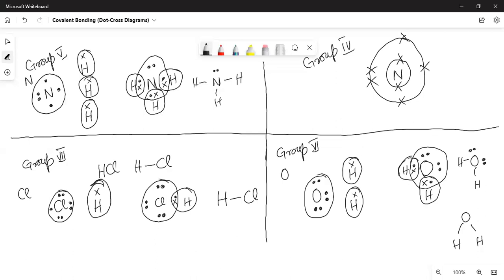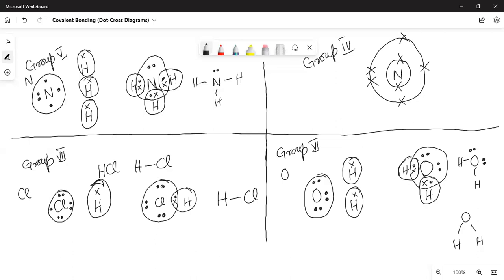Octet means 8 electrons, so that's pretty easy. It does not matter how many total shells chlorine has, because the inner shells are not going to participate in covalent bonding. It's just the outermost or valence shell that participates, so it's the only one that we draw. Make sense? Good, great.